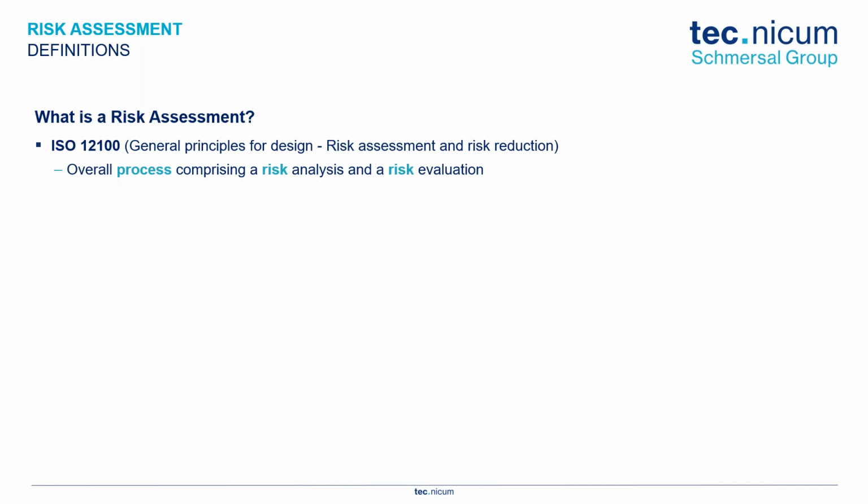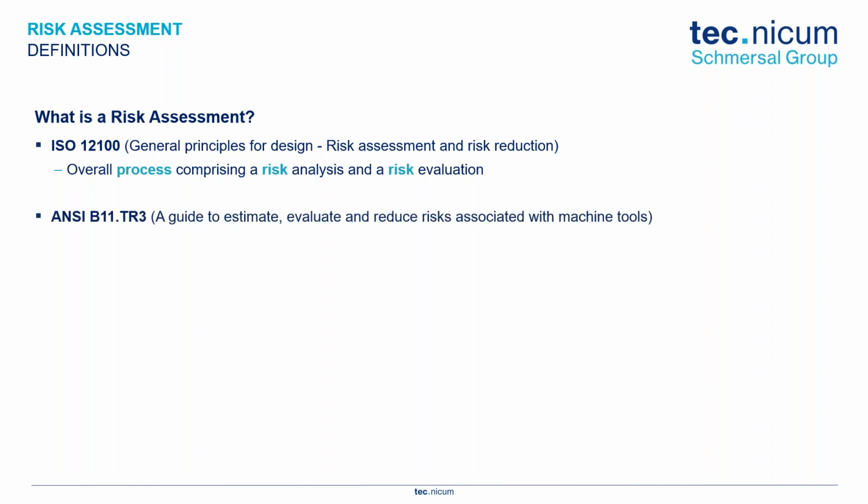I want to look at another standard, right? We are sitting here, or most of us are sitting here stateside, where we look at OSHA and NFPA and ANSI, right? So I want to bring in ANSI B11 TR3, which is a technical report for machines.